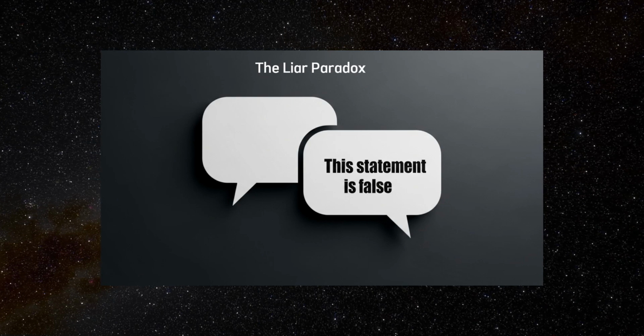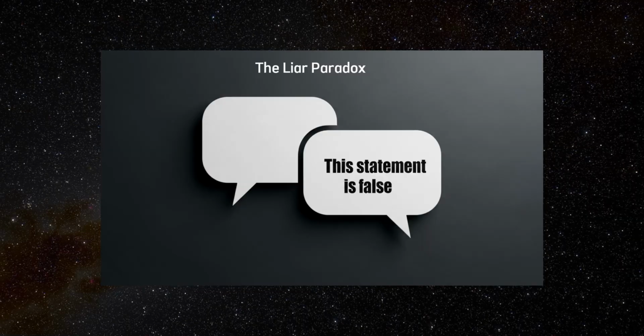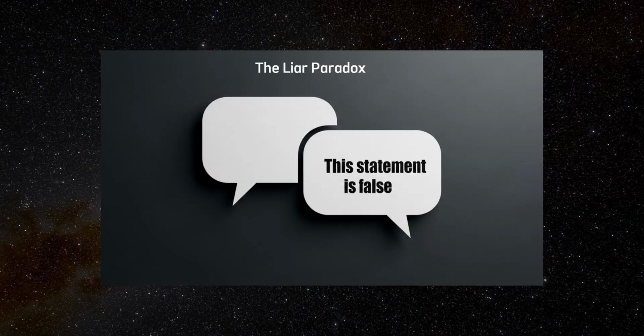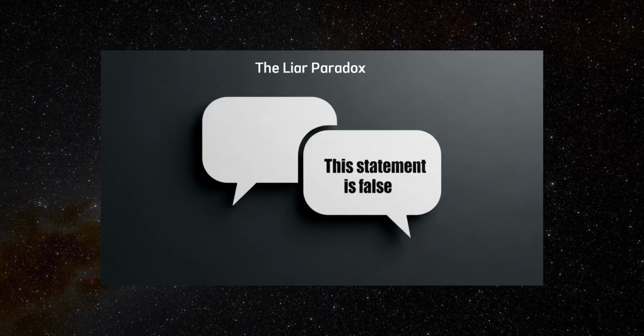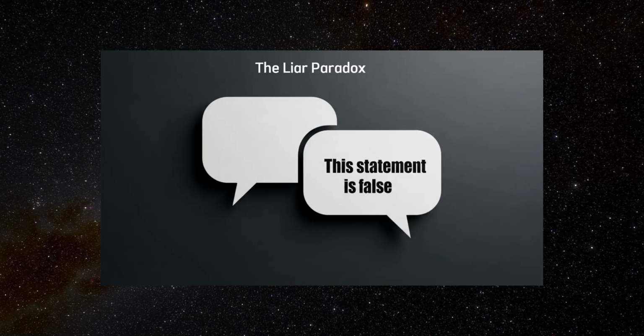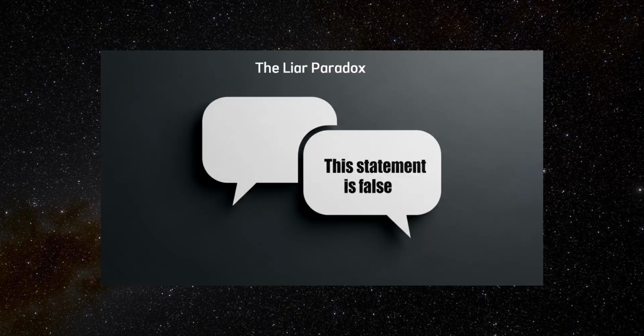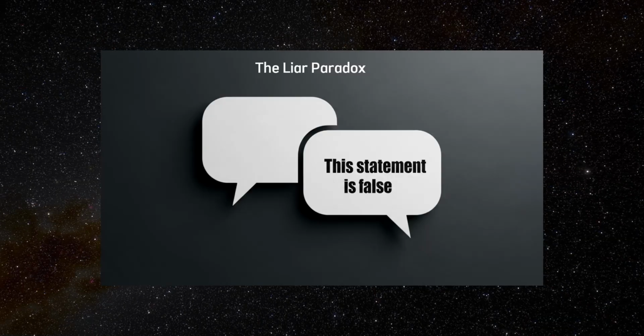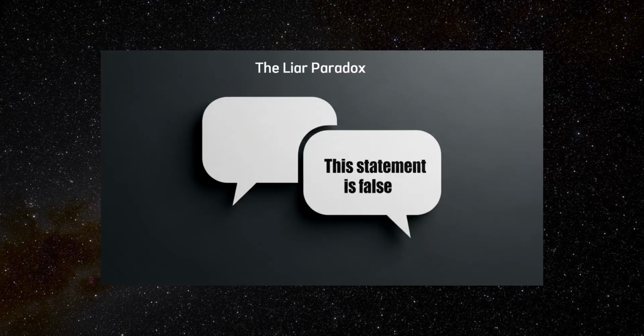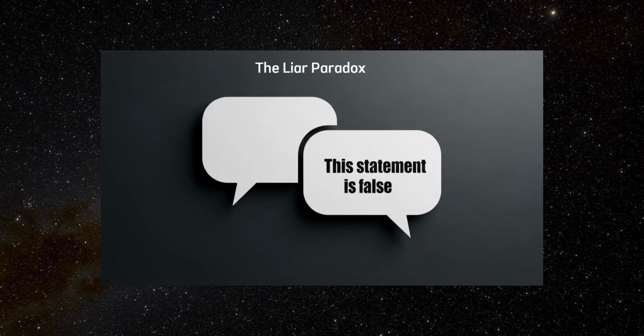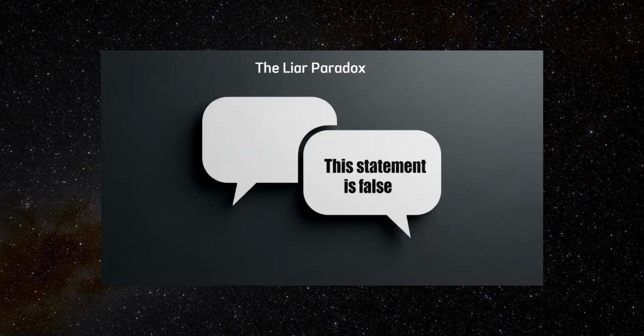His work demonstrated that any sufficiently powerful formal system cannot be both complete and consistent, and he used a form of self-referential sentence that effectively says, "This statement is not provable," which echoes the logical structure of the liar.